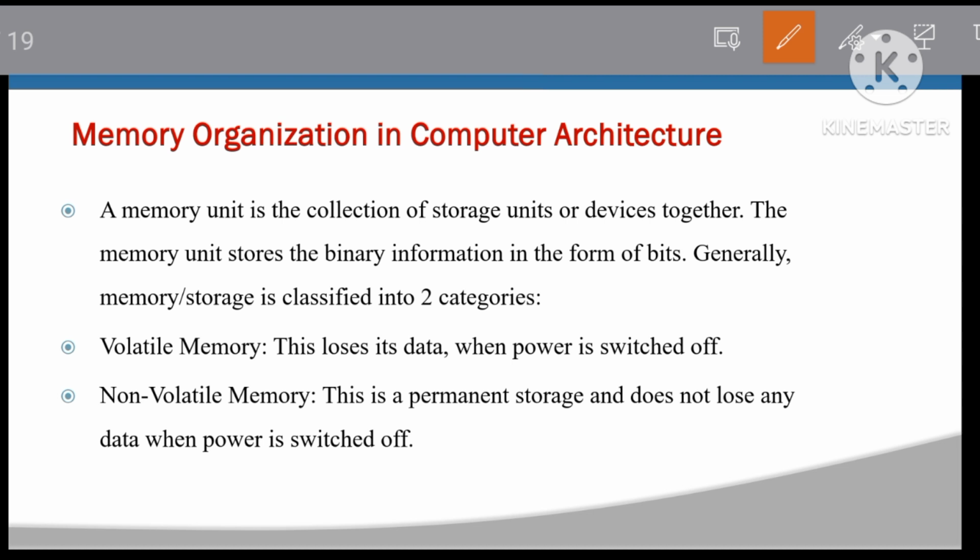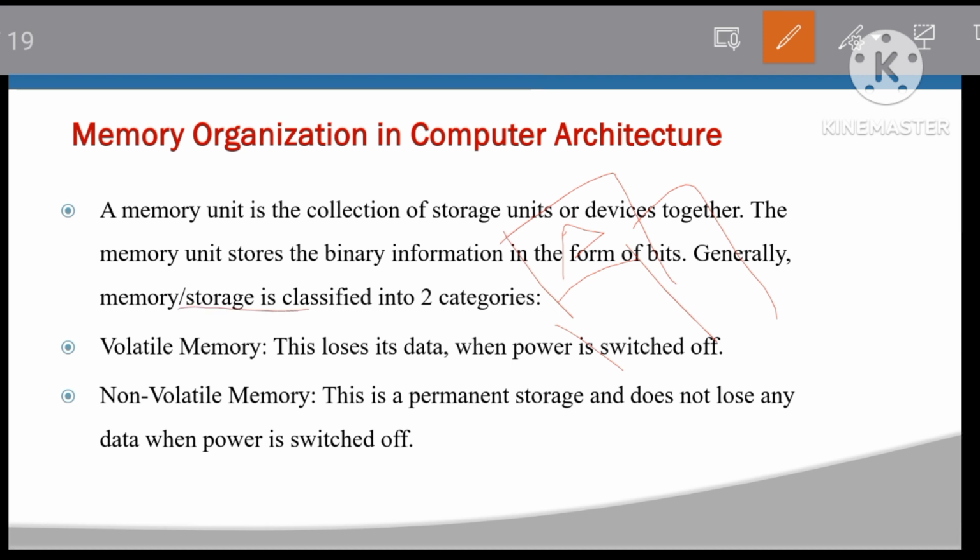Whether it is images, video content, text, or any kind of data, irrespective of the data, it will be stored in the memory as binary information, which means 0 or 1 in the form of bits.